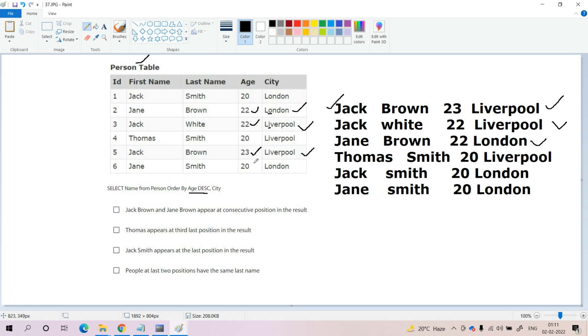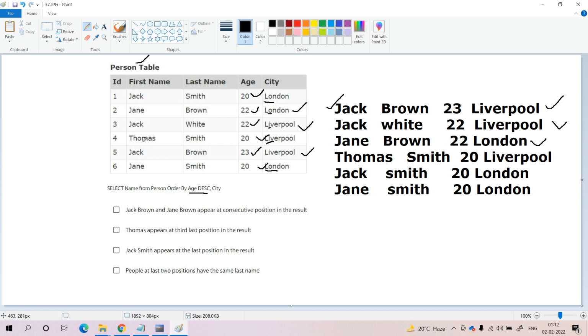In the next 3 records we are getting the same age, 20, 20, 20. Whenever the age is the same, we consider the city locations. Out of all the 3 city locations, LI is first when compared to LO.